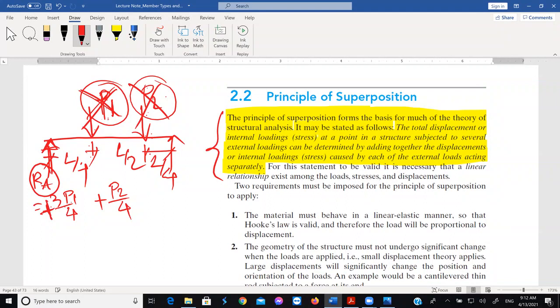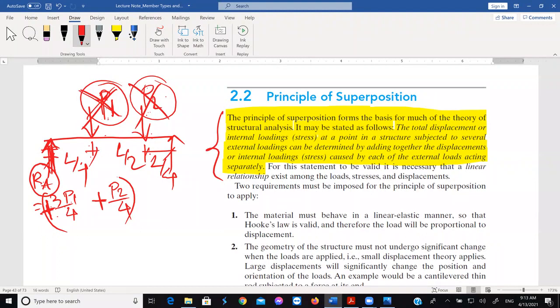So let's assume that's positive. And under the P2 force, we also know, and we will determine in today's class, that the reaction will be upward also, and its magnitude will be P2 by 4. So that's plus as well. So we can just sum them algebraically to determine the total reaction at RA. So that's the principle of superposition, and we use this for structural analysis.